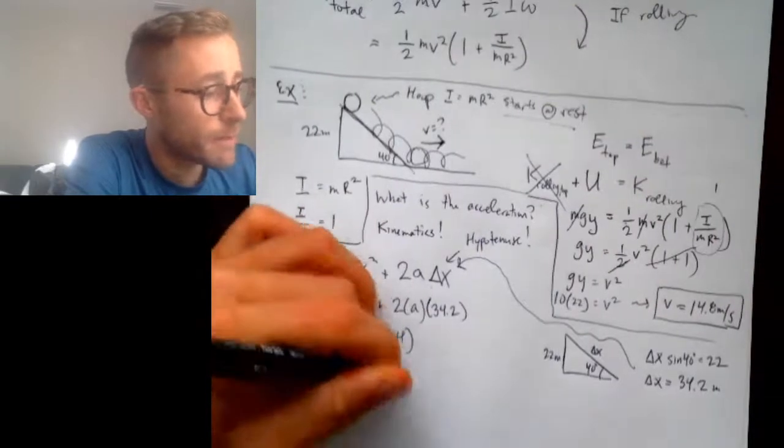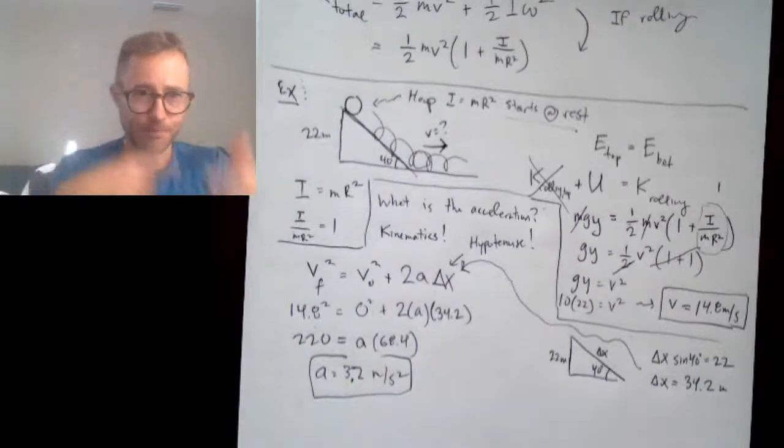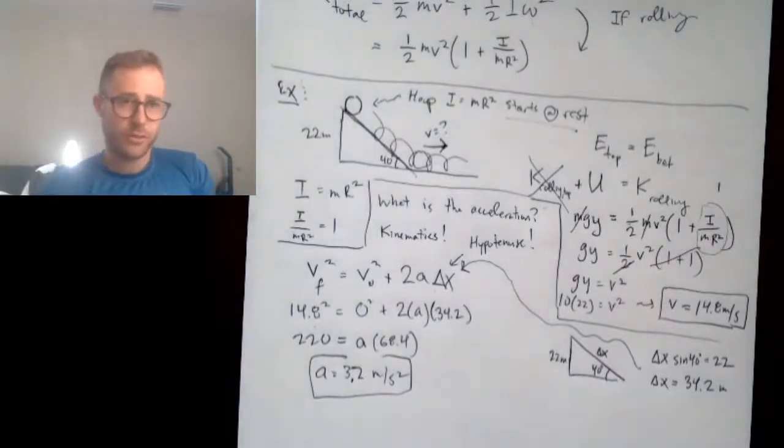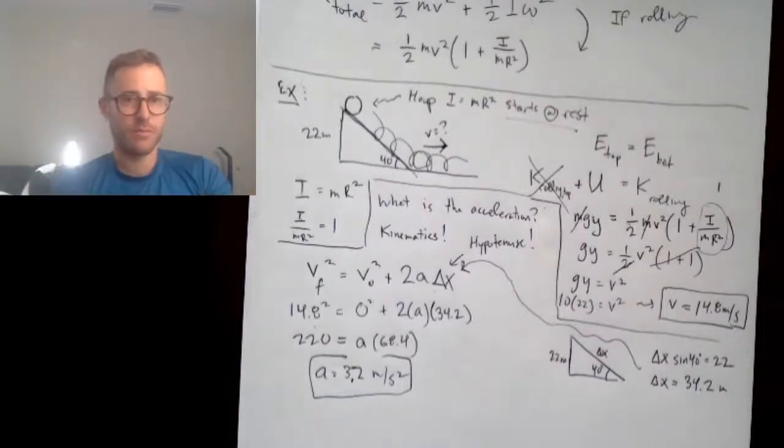So, when you are asked if something is rolling and you are asked to determine the acceleration of the object, what you should do is you should use energy to figure out the final speed, and then using that final speed, use kinematics to solve for the acceleration. Okay?